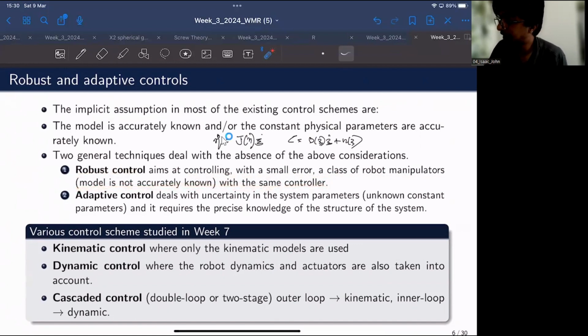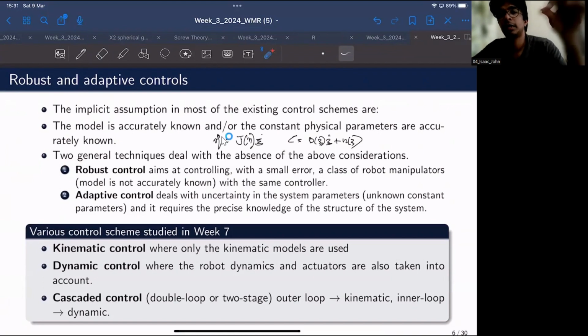For example, if it has some idea about the model, and it is also aware that the parameters could be within some bounds, for example the mass could be within plus or minus 5 kilograms, if it knows its lower and higher limits, then controllers designed as robust controllers can perform even if there is a small error in estimating these parameters.